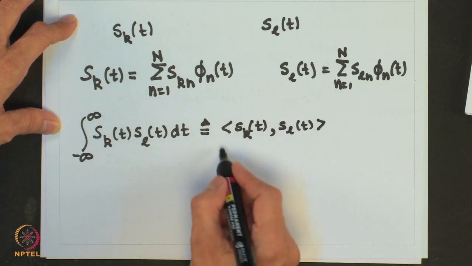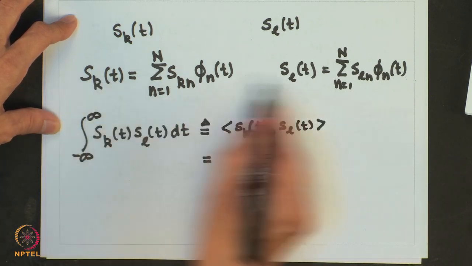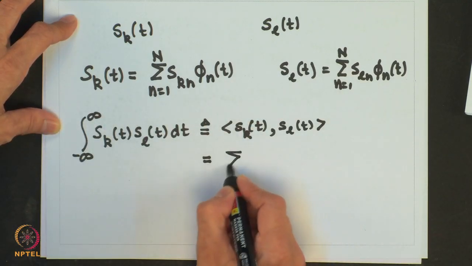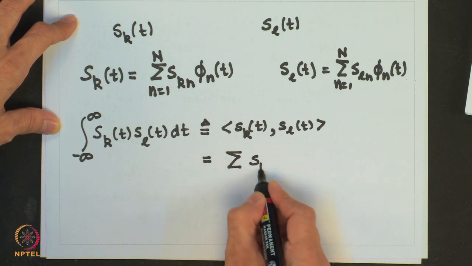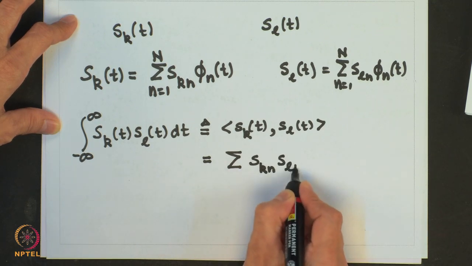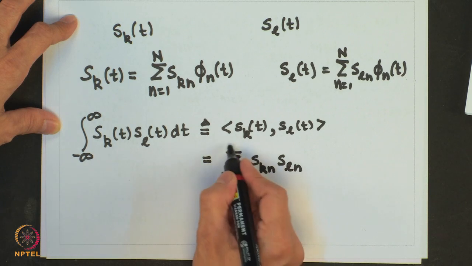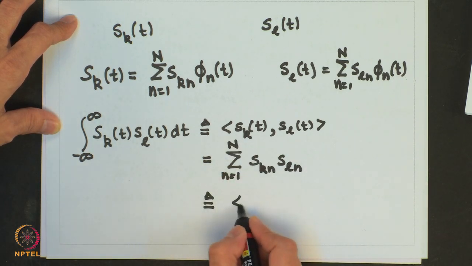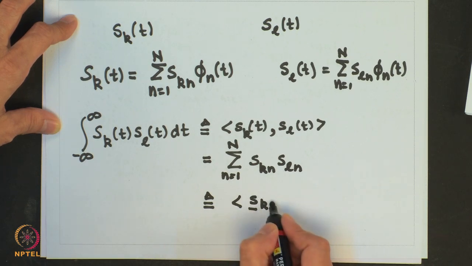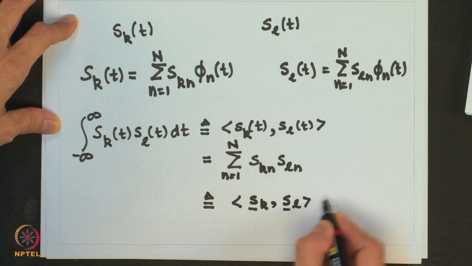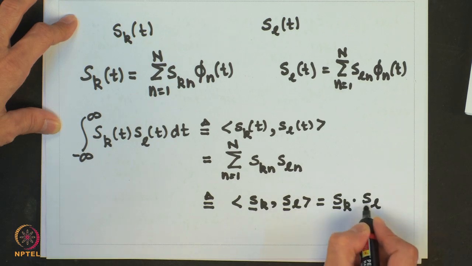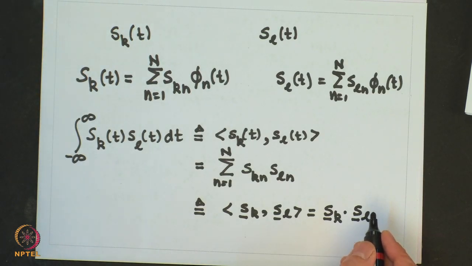So, each of these signals can be written in terms of a vector, and then it is easy to see that basically this will be equal to, and this will be indicated by the dot product of the two vectors s_k and s_l, correct.